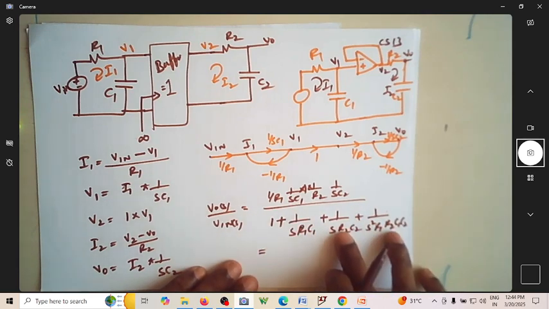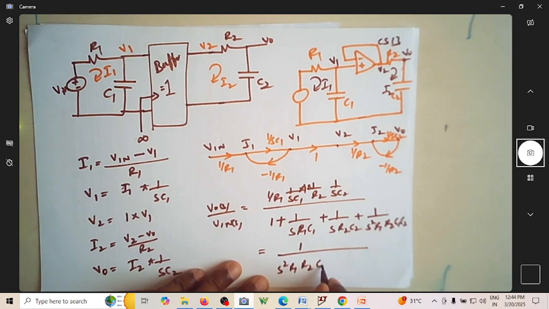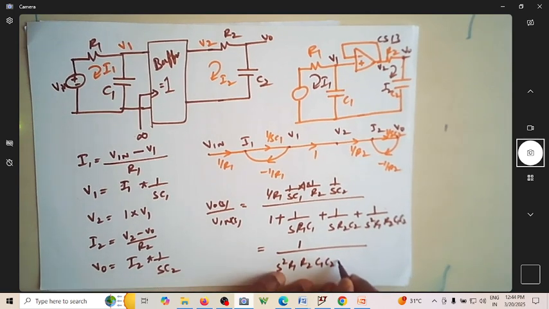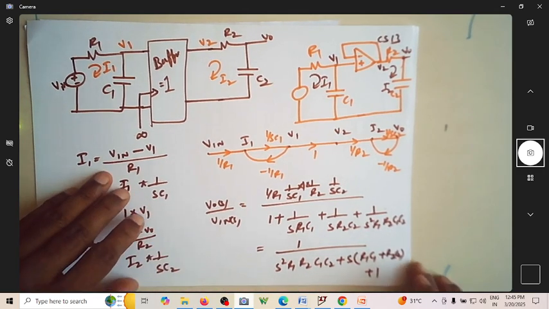So this LCM will just take out this. This will become 1 over S square R1 R2 C1 C2 plus S into (R1 C1 plus R2 C2) plus 1.